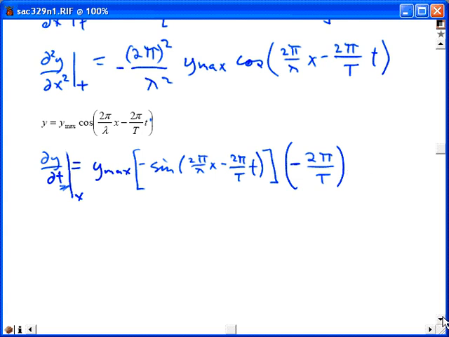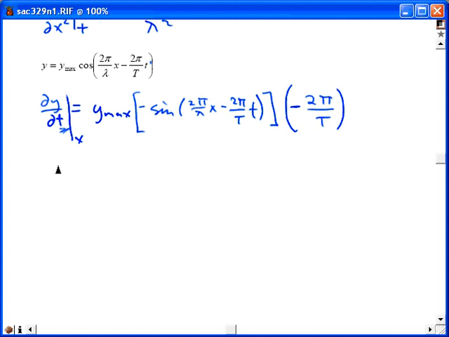Or you might remember that the derivative of t with respect to t is just 1 itself. And the derivative of a constant times t with respect to t is then just going to be that constant.